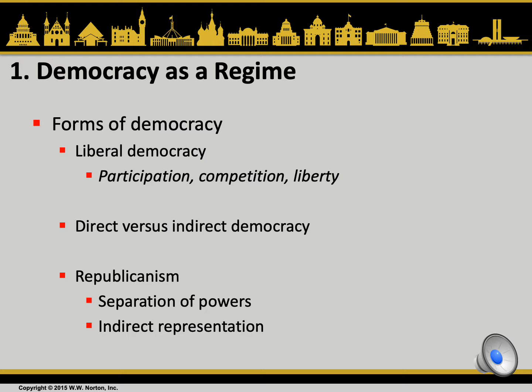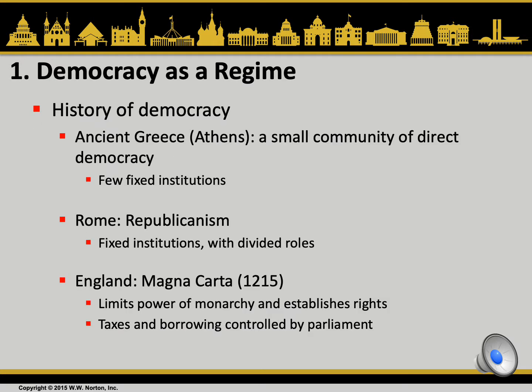Direct versus indirect really amounts to the role of the people, either indirectly or directly, in policy making and decision making. Most democracies are indirect. And republicanism imbues a separation of powers amongst those institutions that are representing the people in an indirect representation fashion.